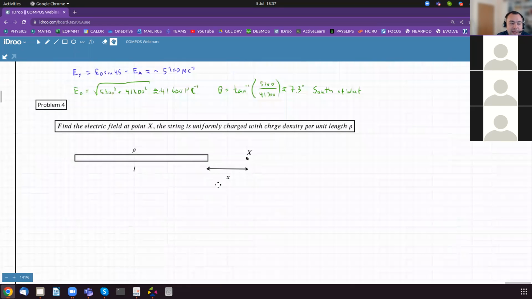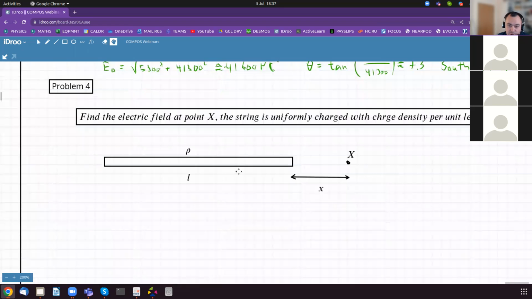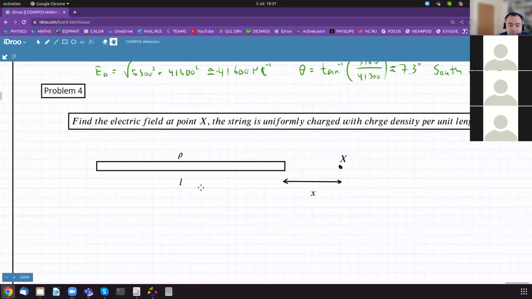Right. You have a charged string. So when we say string, we usually mean it's quite thin. It's charged and with a charge density per unit length rho. So what does it mean? Well, it means that rho is charge per unit length.